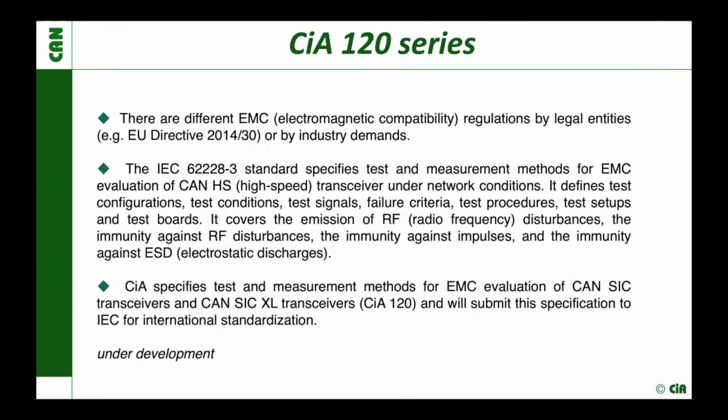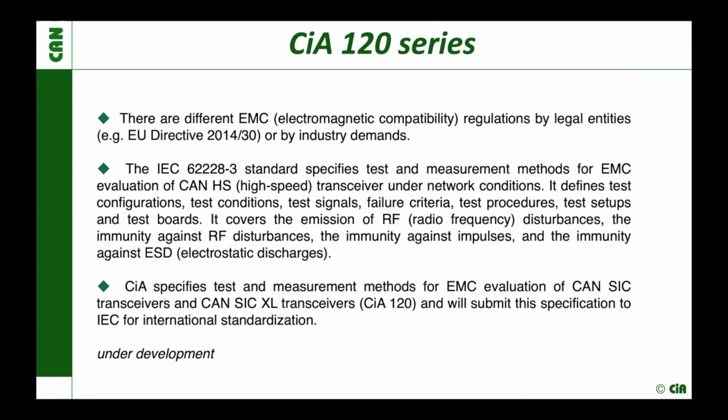So the next document is the 120. Here we will specify test and measurement methods for the EMC evaluation of CAN SIC transceivers and SIC XL transceivers. It should be compliant with the IEC 62228-3 standard.